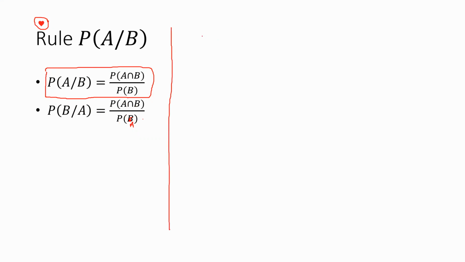By the way, what are the rules that we have studied till now? The first rule that we took: probability of A equals possible cases over total cases. Probability of A is between 0 and 1.